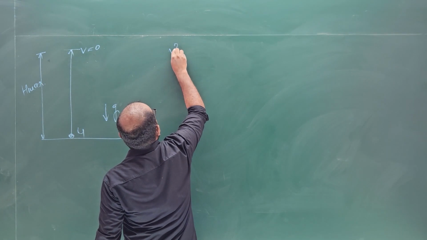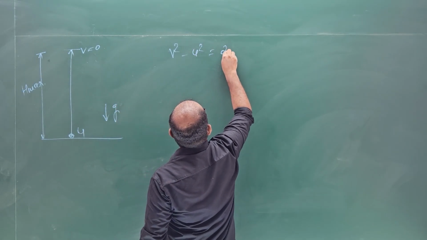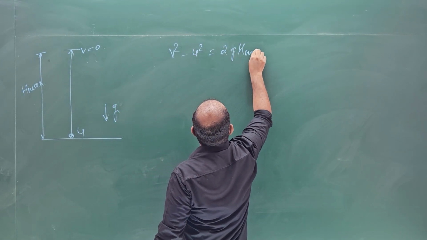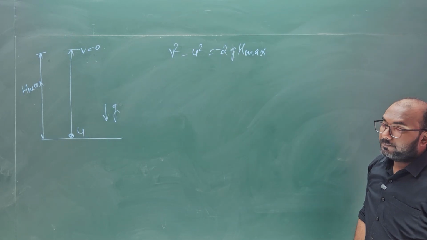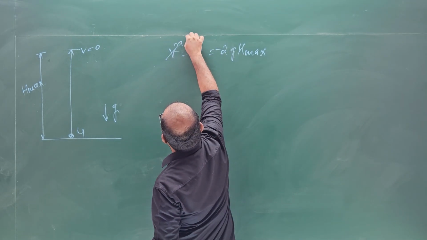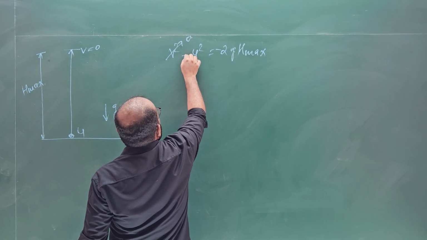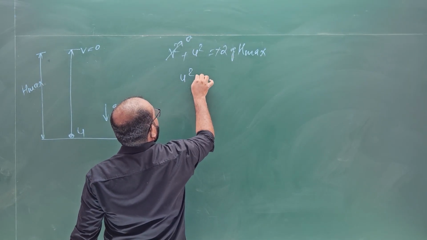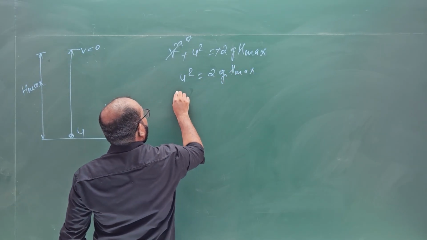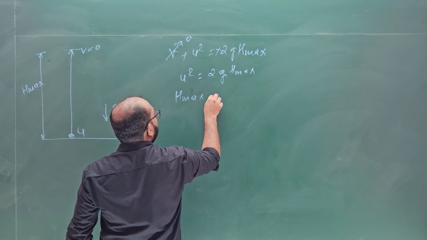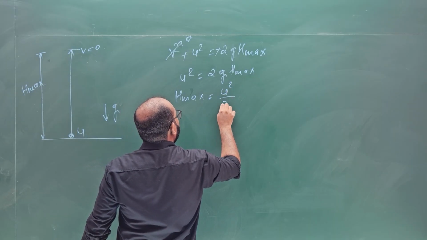Okay, now, v square minus u square is equal to 2g, can I write h max? And g is negative. Final velocity is what? 0. So minus and minus cancel. u square is equal to 2g h max, or h max is equal to u square upon 2g.